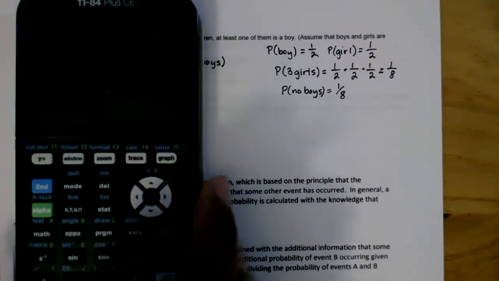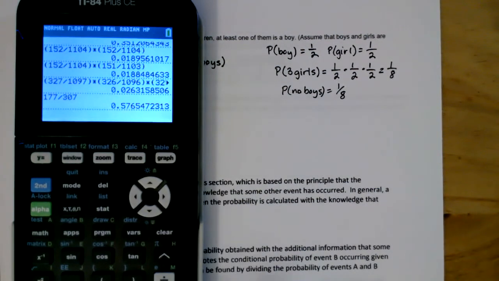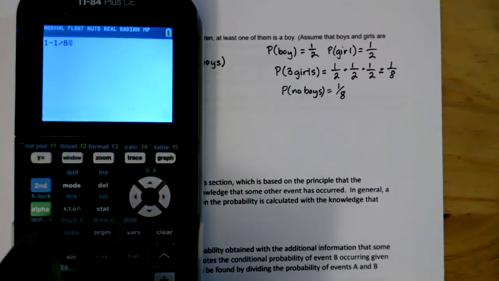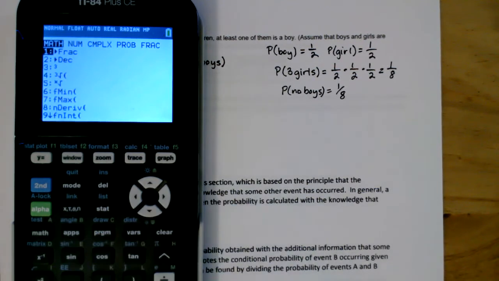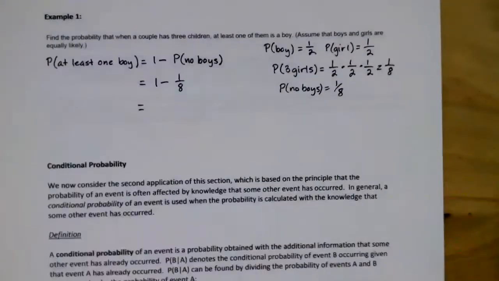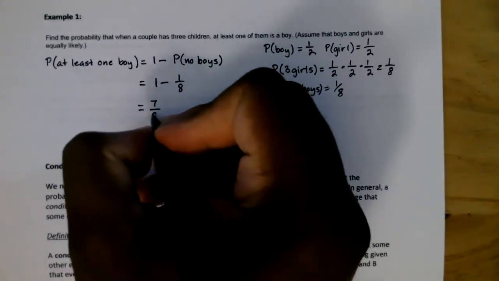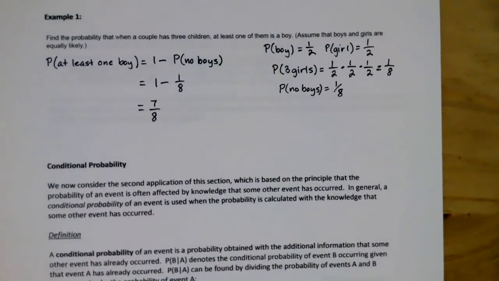Okay, so let me use my calculator here. And then we're going to do 1 minus 1 divided by 8. Then I'm going to hit the math key up here. I'm going to select the first option, which is a fraction, because I want to convert that answer into a fraction. So 1 minus 1/8 would be 7/8. So the probability of getting at least 1 boy would be 7/8.